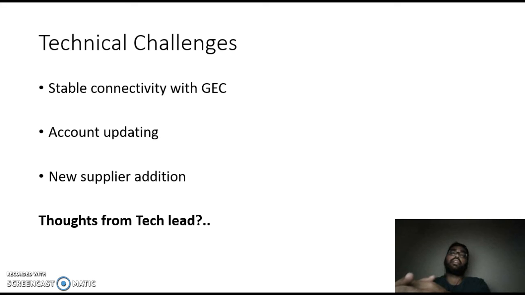And the other thing is the customer accounts. The customer accounts should be connected with the system at a fast speed of about 0.01 second. The third and last thing is supplier addition.